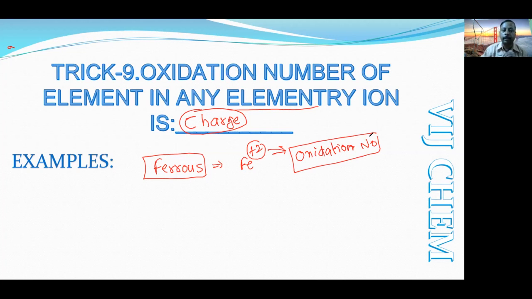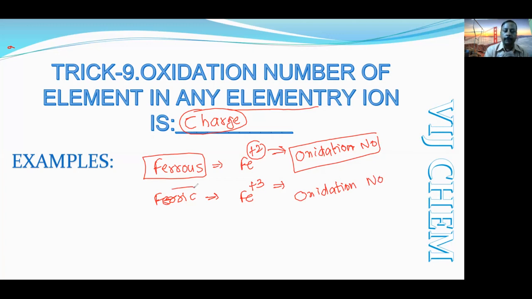What is that condition? Elementary ion. But the same iron, if I happen to write it as ferric, when I say ferric it means +3. So here this charge itself will become the oxidation number.